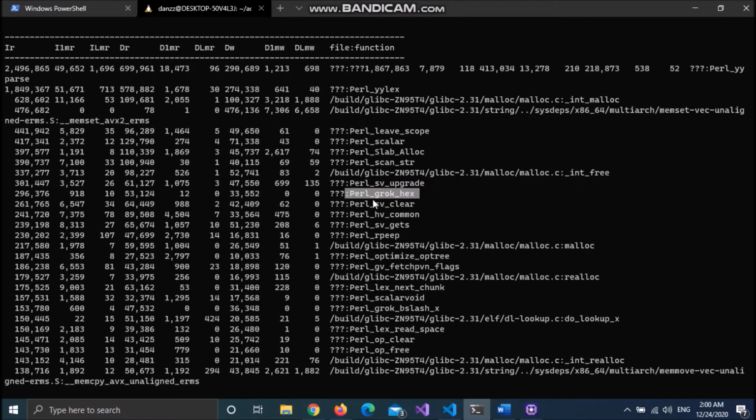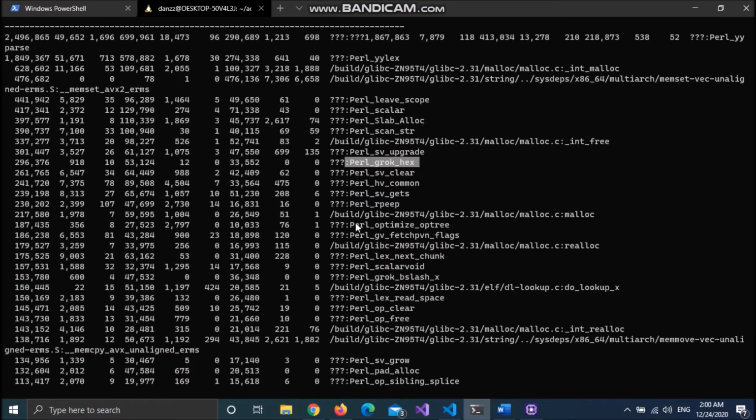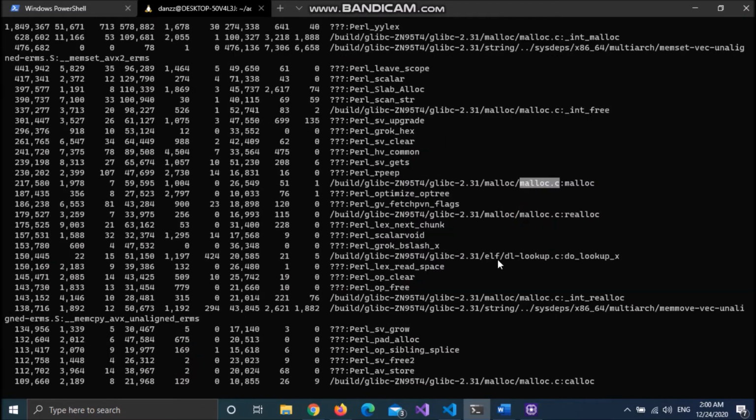There are also some other Linux specific header files referenced here, or C compiler specific files such as malloc.c.